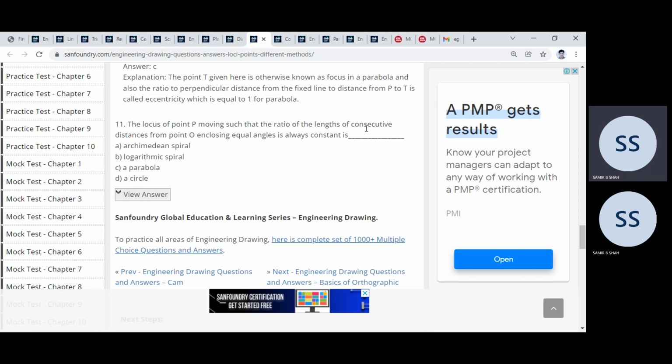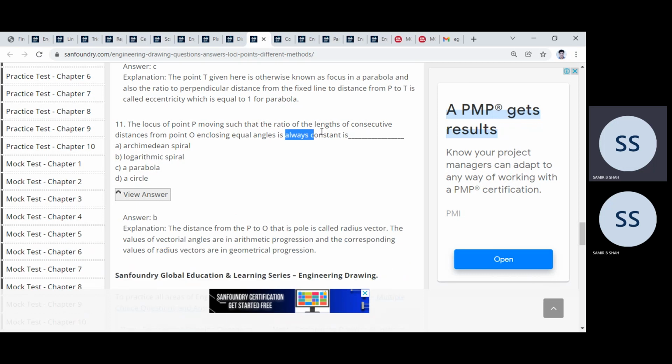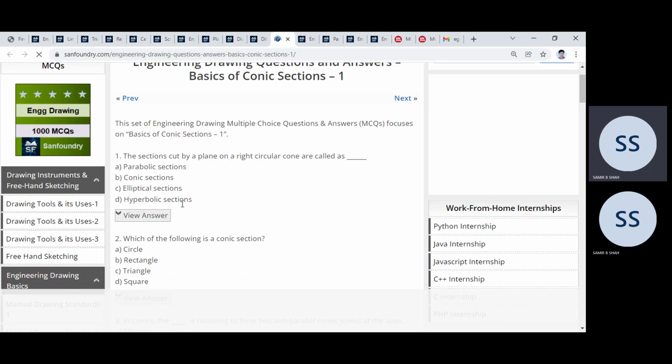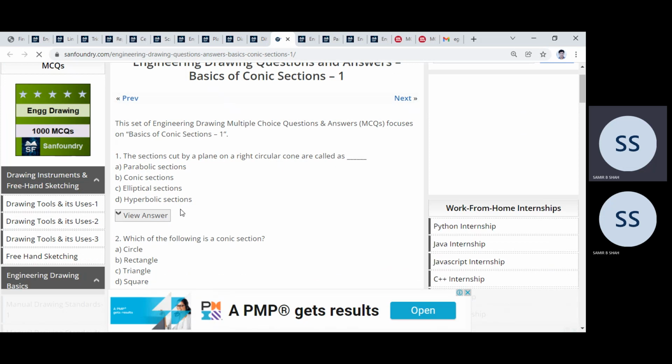A locus of point P moving such that the ratio of the length of distance to the angle is always constant is known as a logarithmic spiral. I already discussed both of these in the video on the spiral. So I request that you watch both, it may be very helpful to you.